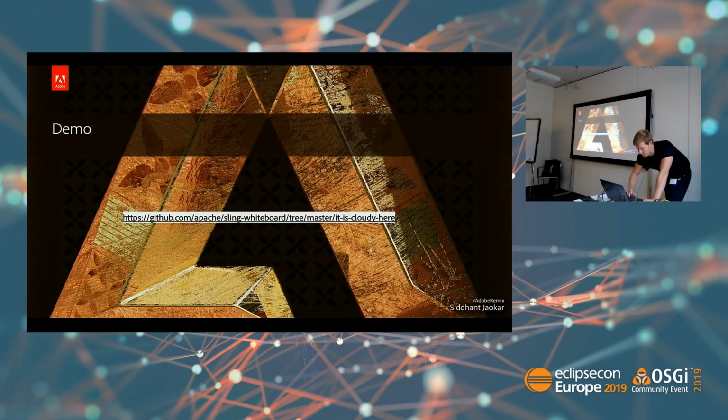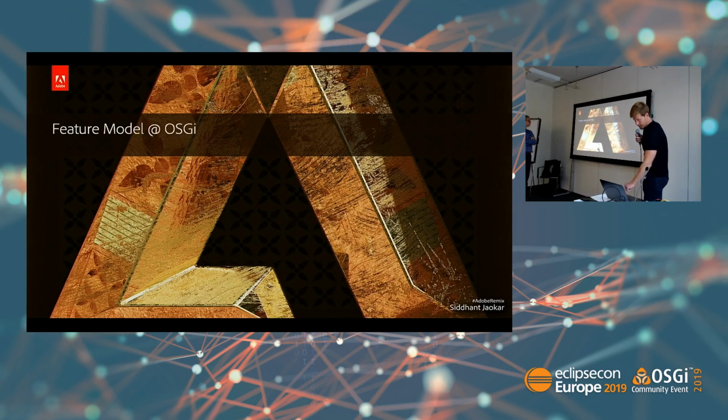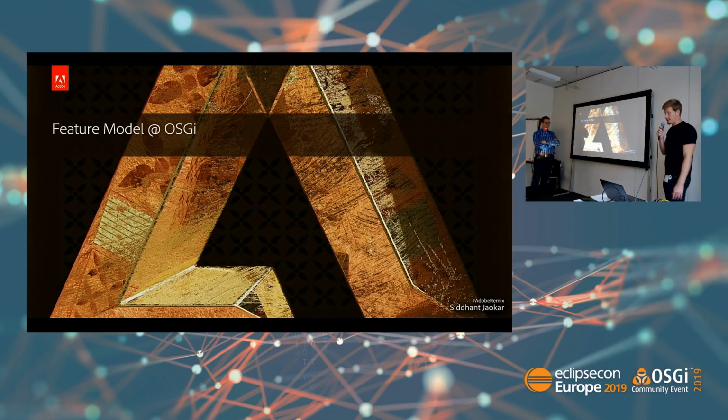Right, so in case you wanted to try it out yourself, that's all available on GitHub. The link is here in the Sling whiteboard, so you can find those projects there and try it for yourself. And with that, we're almost done, but David is going to tell us a little bit about where we are inside the Alliance with that we got.